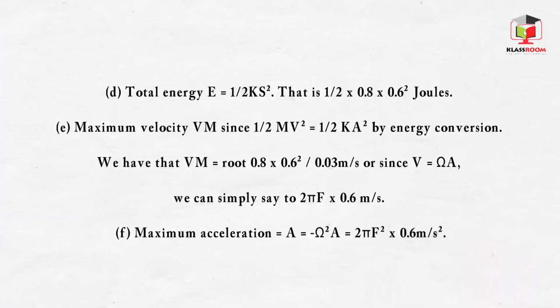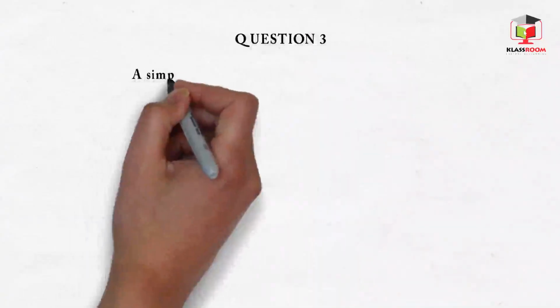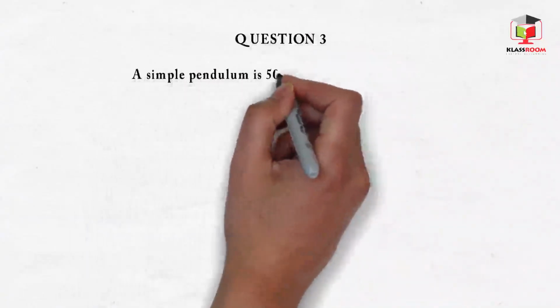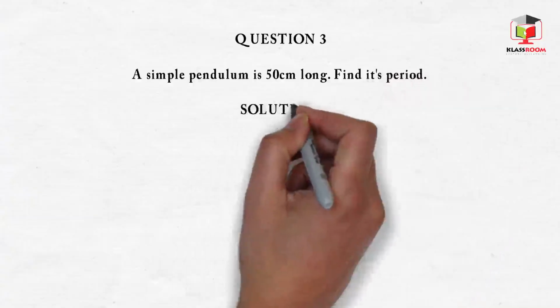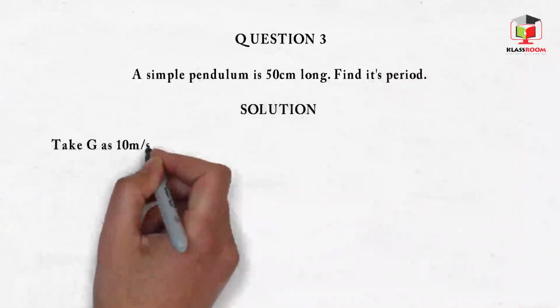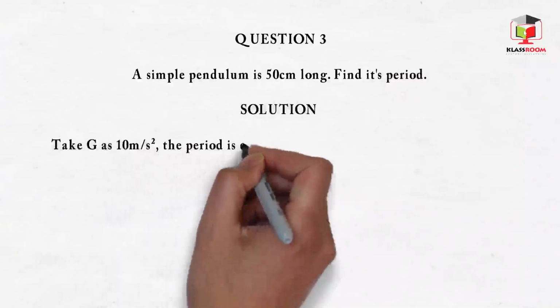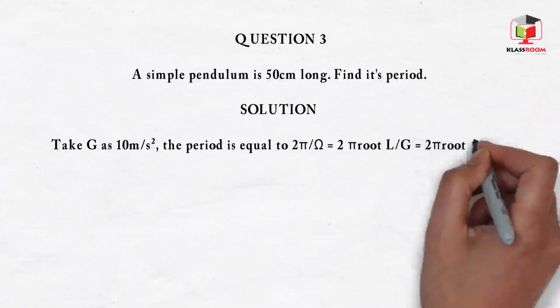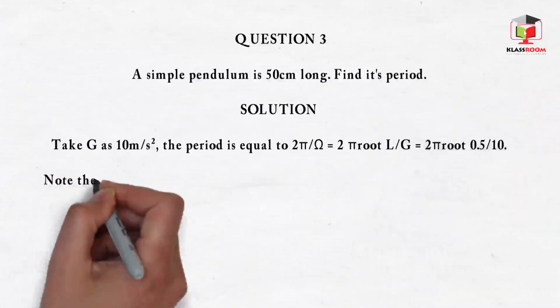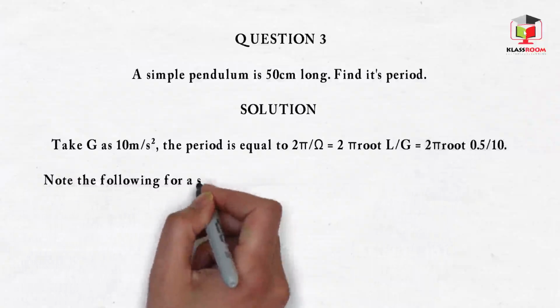Question 3. A simple pendulum is 50 centimeters long. Find its period. Solution. Take g as 10 meters per second squared. The period is equal to 2 pi over omega, which is equal to 2 pi root l over g, equals 2 pi root 0.5 over 10. Note the following.